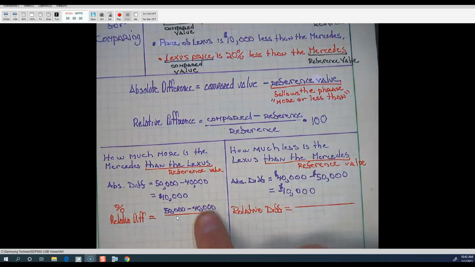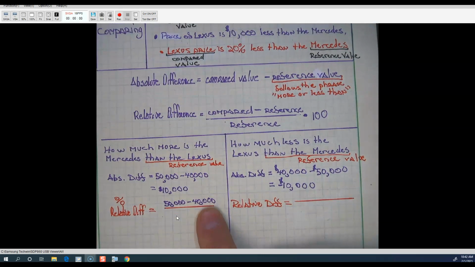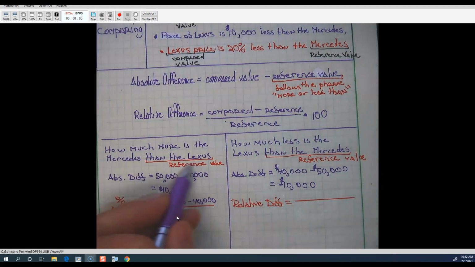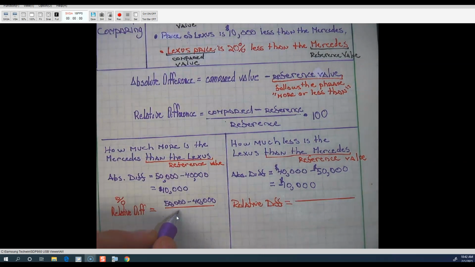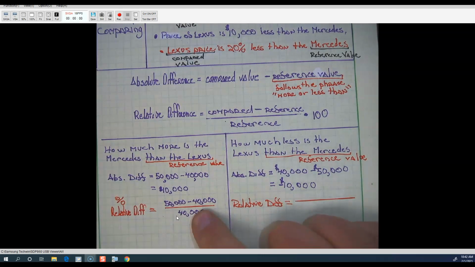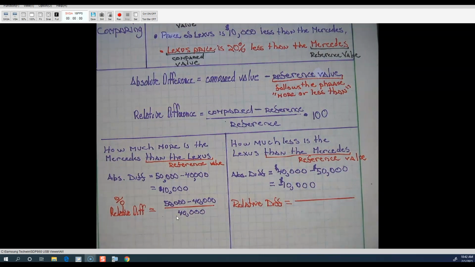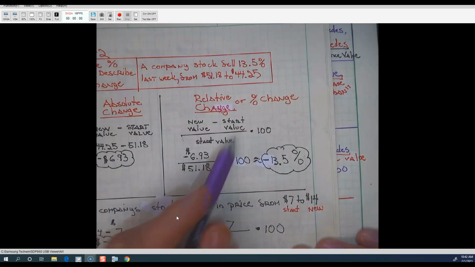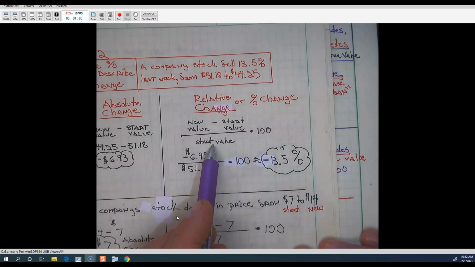But I'm dividing it by the reference value. So the reference value in this case is the Lexus. Okay, so that is 40,000. Remember, in these formulas, these two numbers will always be the same, just like they were last week. Start value in the denominator.